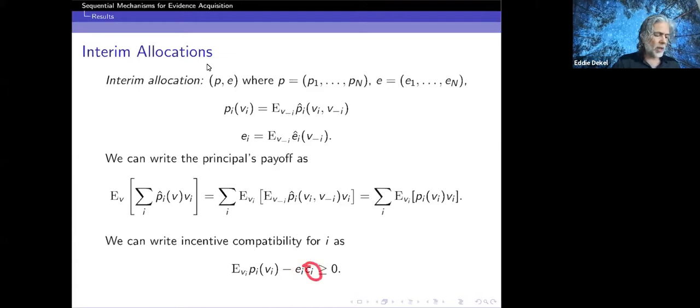This is the cost of evidence. So this in total has to be non-negative. As long as this is non-negative, then the agent will be willing to engage in the mechanism. When asked for evidence, he will be providing it because his expected return from providing the evidence is bigger than the expected cost of getting the evidence. Okay?